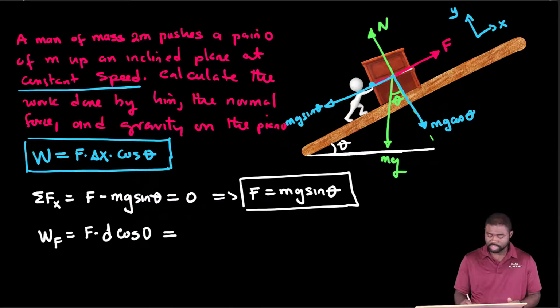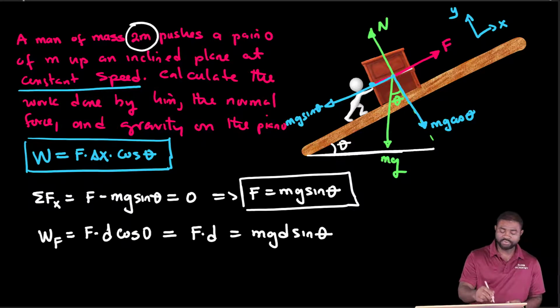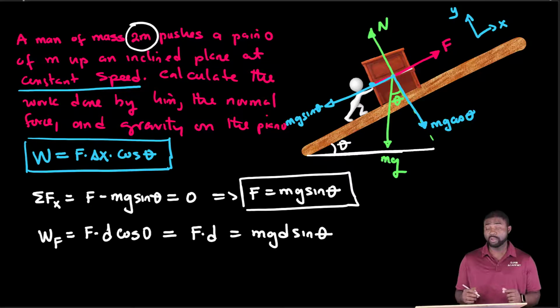So the work done by F is just Fd, which is mg d sine theta. This is the work done by the man. If you've noticed, we haven't used the mass of the man.